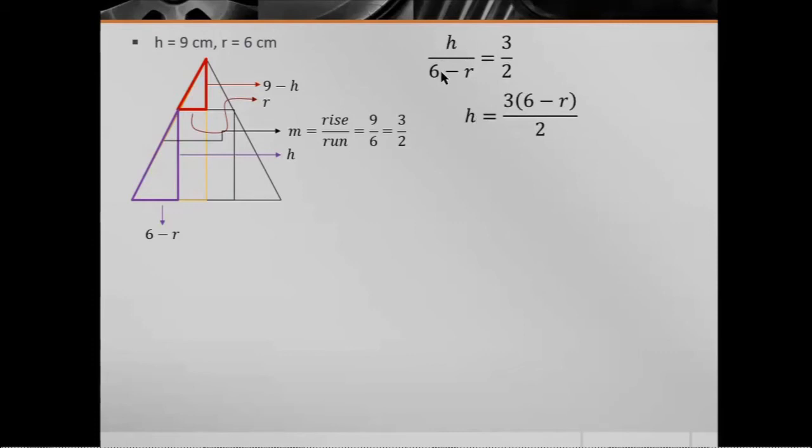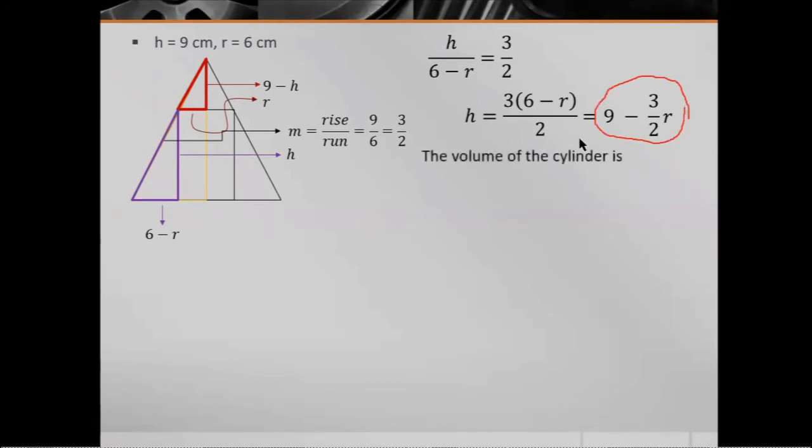So, solve natin in terms of h. So, meron tayong cross product, h equals 3 times 6 minus r over 2. Then, pwede natin siyang i-evaluate. Distribute natin yung 3 times 6, magiging 18. 18 divided by 2 is 9. Then, 3 times negative r, we have negative 3r over 2. Okay? Then, save natin ito. Gagamitin natin ito mamaya.